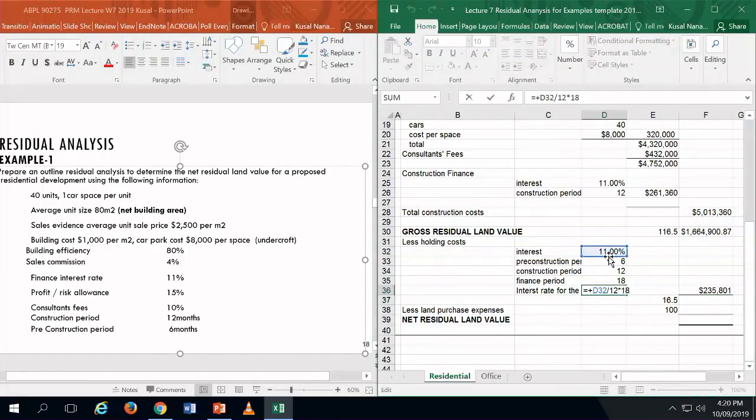Interest rate is 11% per annum, and our land holding period is 18 months: pre-construction period 6 months, construction period 12 months. The 16.5 is for the whole 18 months period.